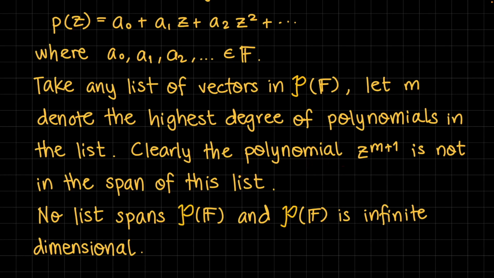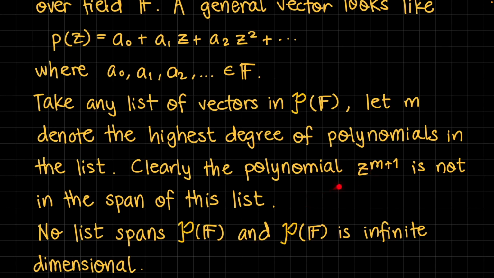Then the polynomial z to the m plus 1, the polynomial with degree one higher than the highest degree of your list, is not in the span of this list, because any linear combination of those polynomials will also be of degree at most m.